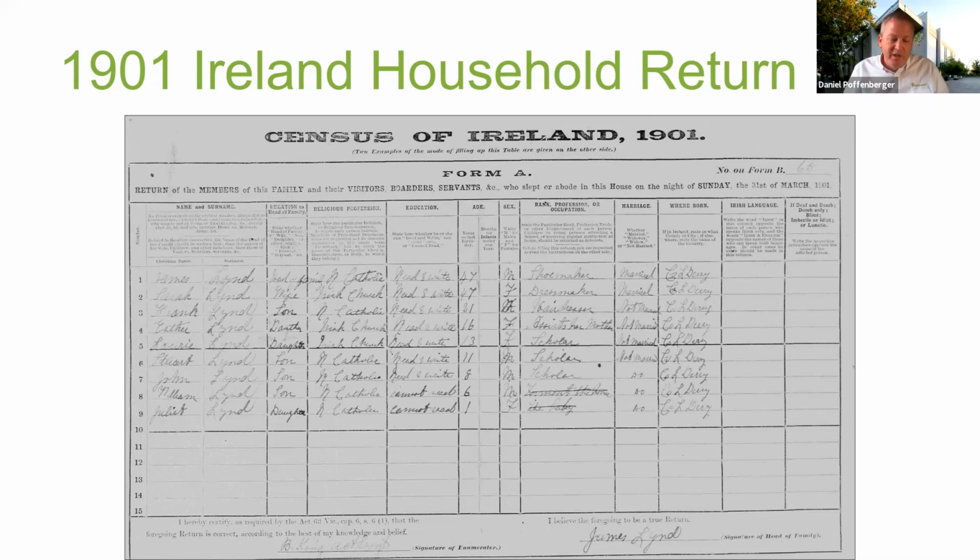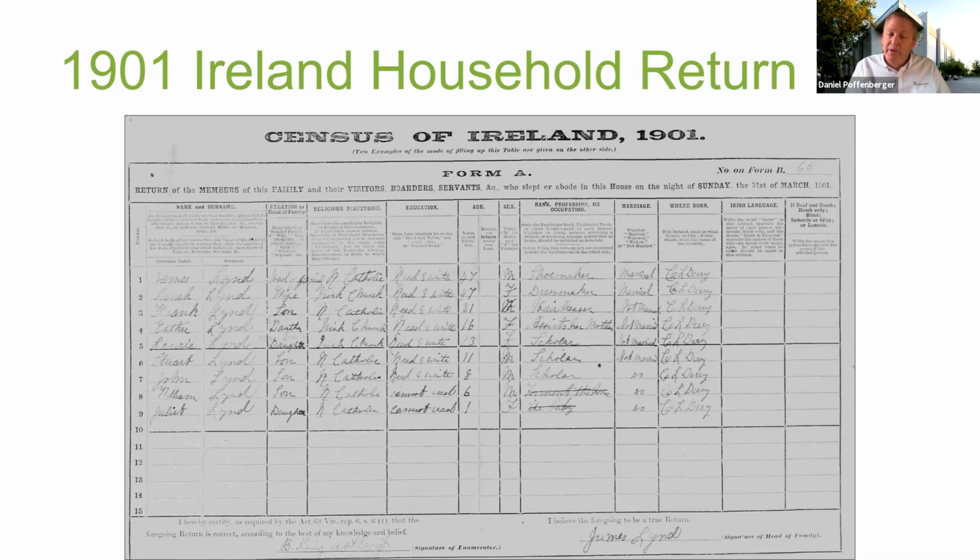They would take them to each of the families for a given night. It was typically last weekend in March, first weekend in April. And they would ask the family to fill it out for that particular evening, who was under the roof. And then they would come around and collect the household returns, or if the family was not literate, they would fill the form out for them. And then they would take these returns and copy them into enumerators' books.